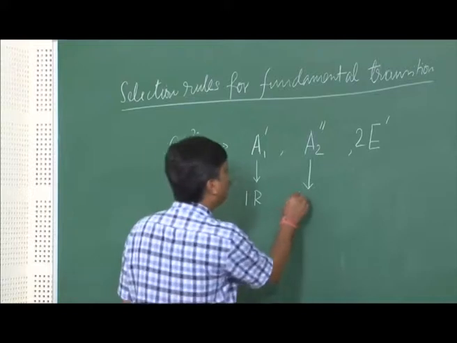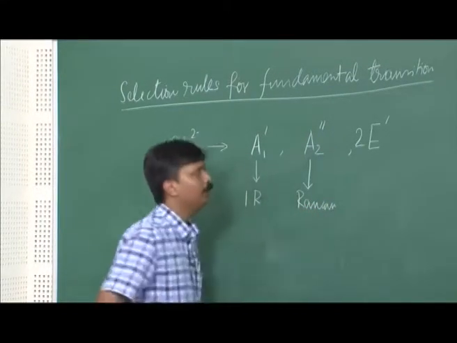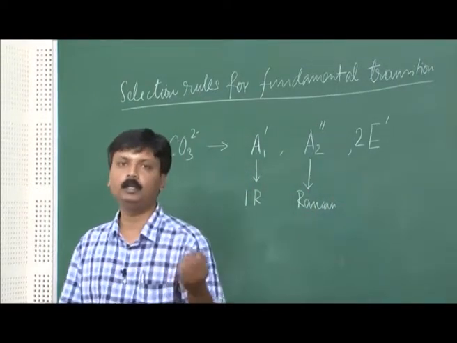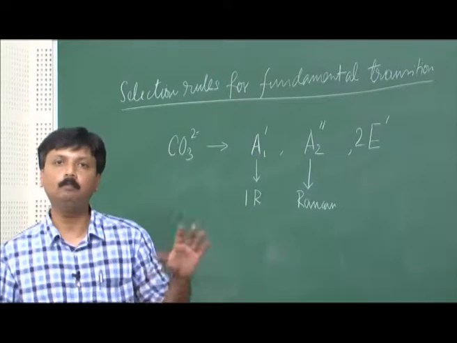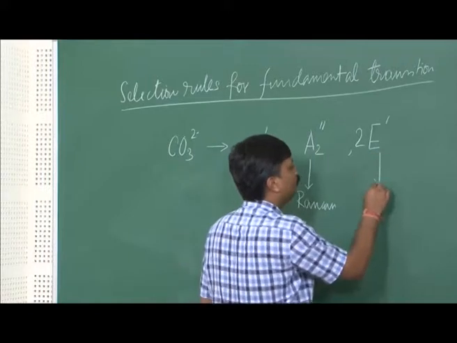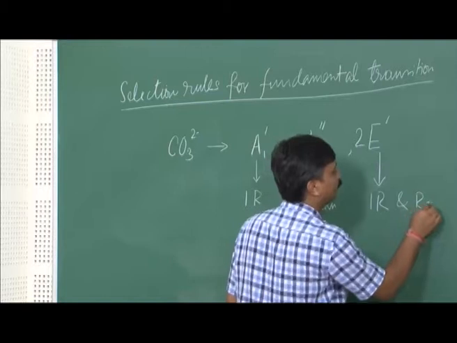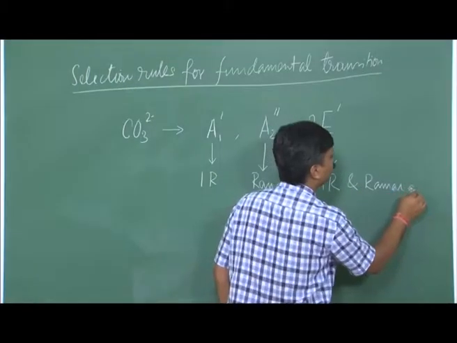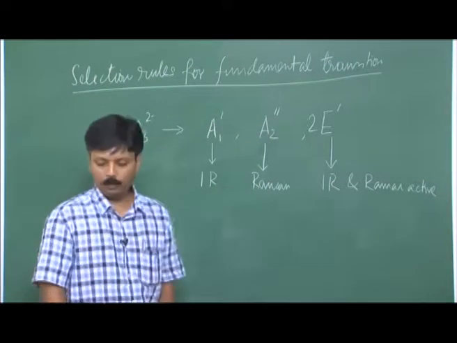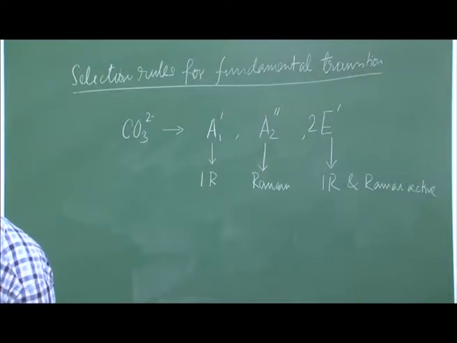So this one will be Raman active. All right, and this E prime, it has both the Cartesian coordinate as its basis, as well as the binary combination of these Cartesian coordinates. So this will be IR active as well as Raman active.